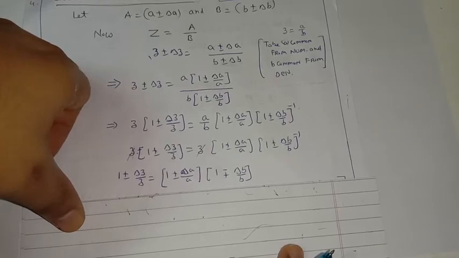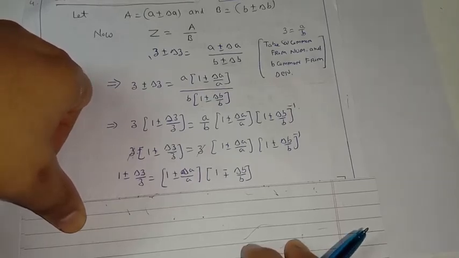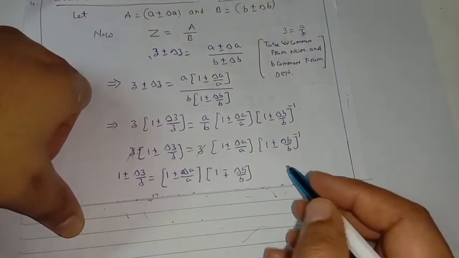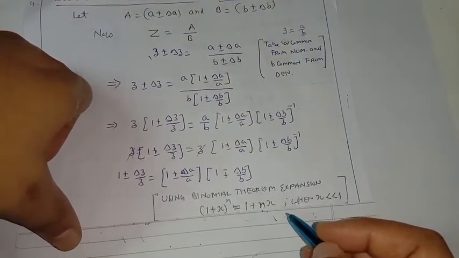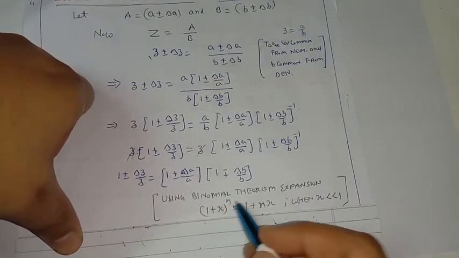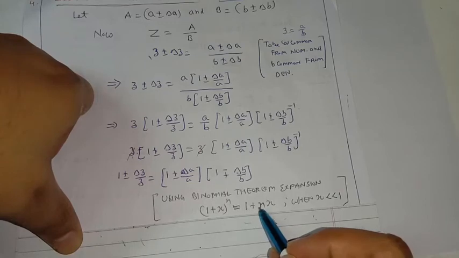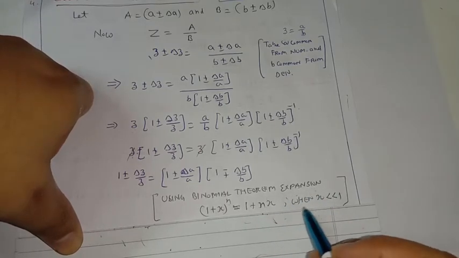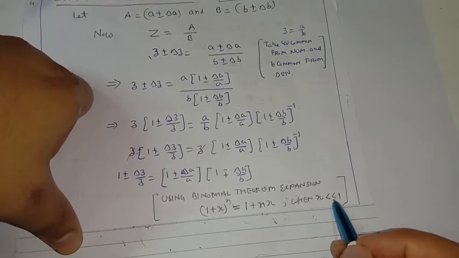Here we apply an expansion theorem known as the binomial theorem. According to the binomial theorem, if we have an expansion of the type 1 plus x raised to power n, we can write it as 1 plus nx plus some other terms, where the value of x is very small compared to 1.